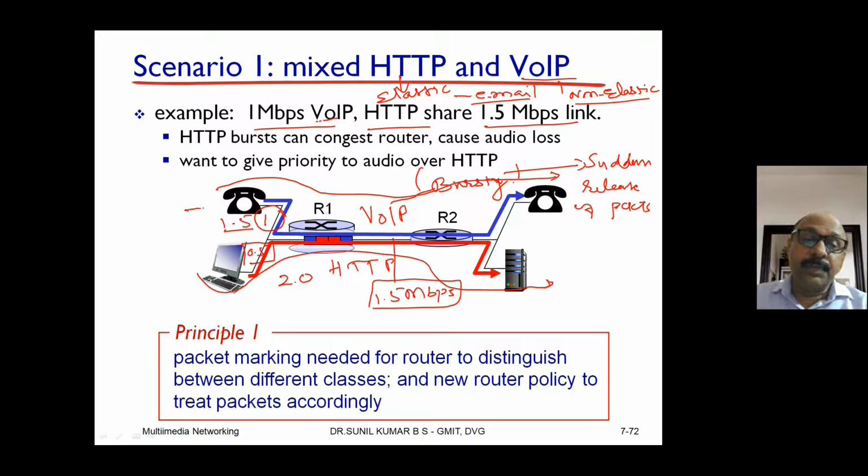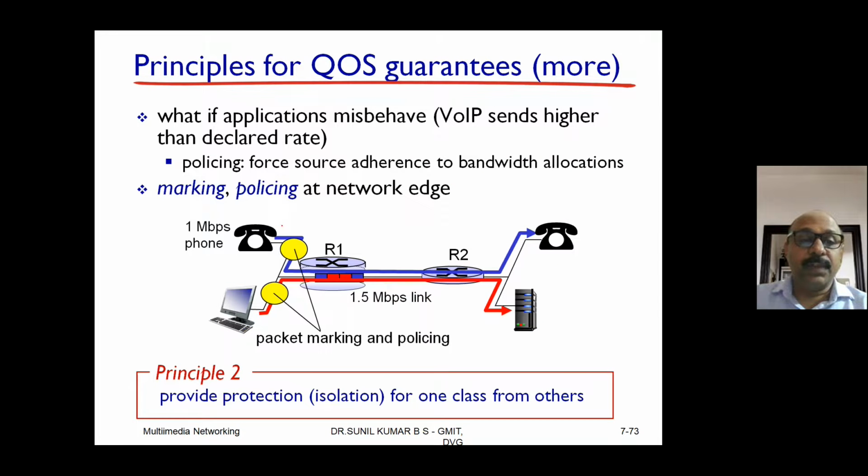So this packet should be totally distinguished from this packet, and we are supposed to give a solution for this. For quality of service guarantee, what if an application misbehaves, like sending a higher rate of transmission than the declared one? For this, bandwidth restriction is the only solution.